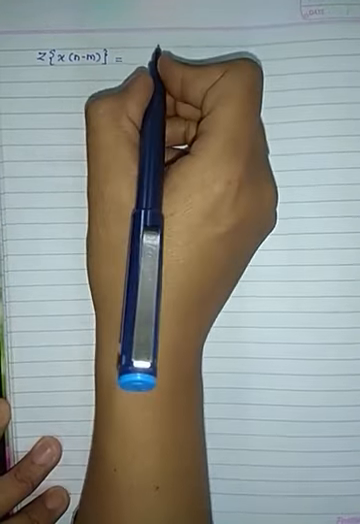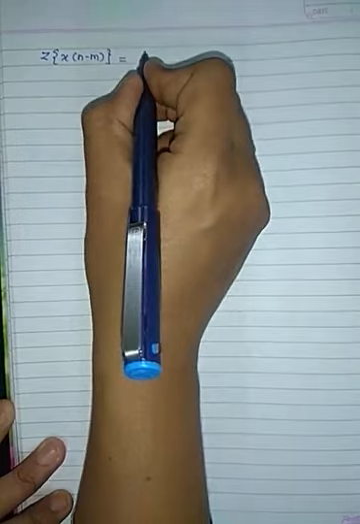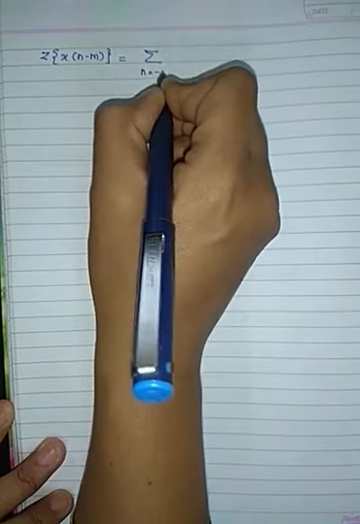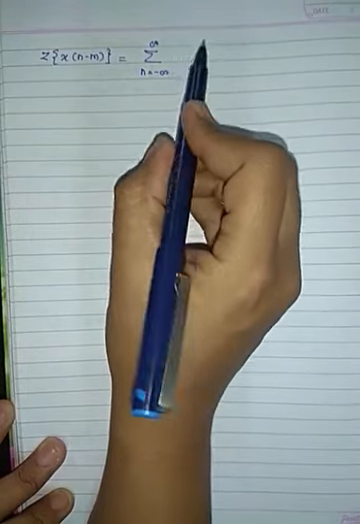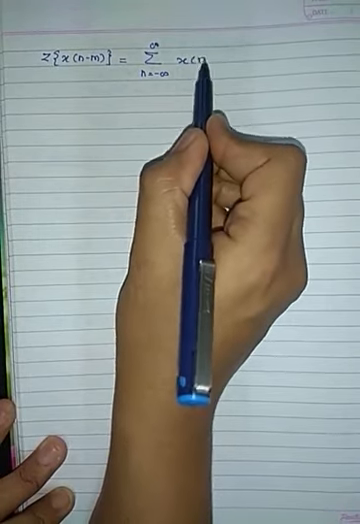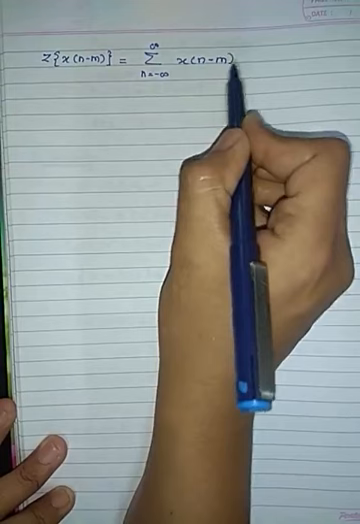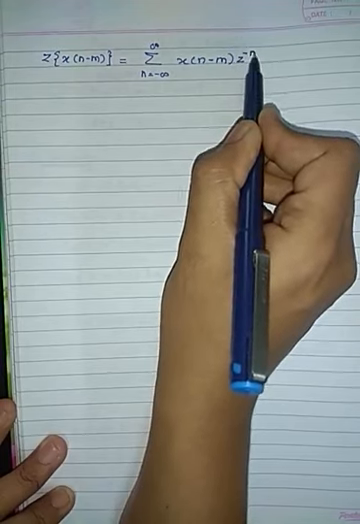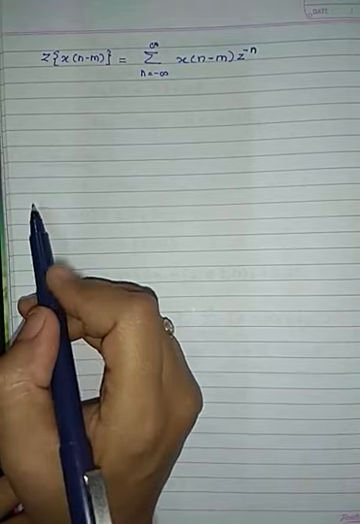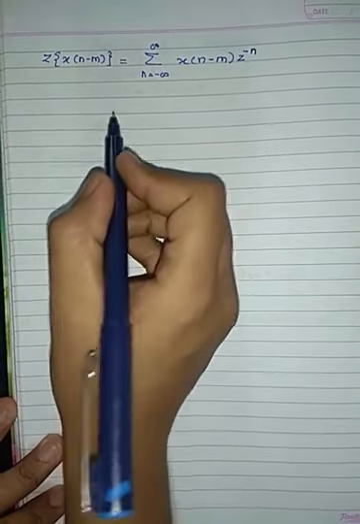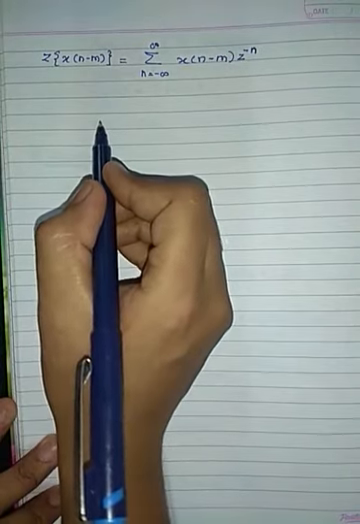According to the definition, it is the summation from n equals minus infinity to plus infinity of x of n minus m into z raised to minus n. This is the equation for the Z transform, so we will simplify this. How will it be?